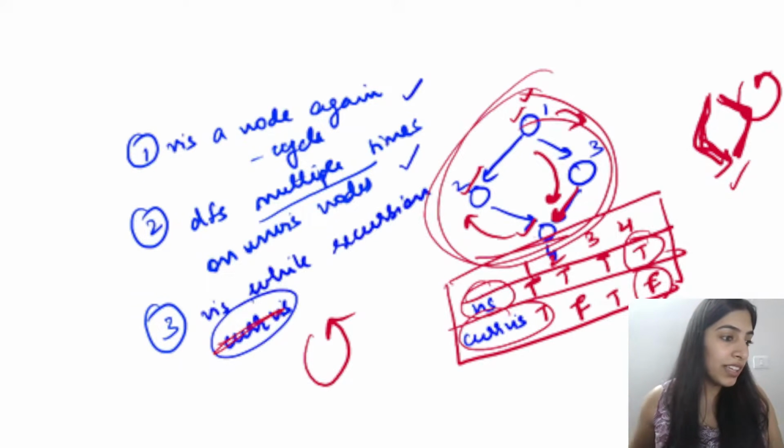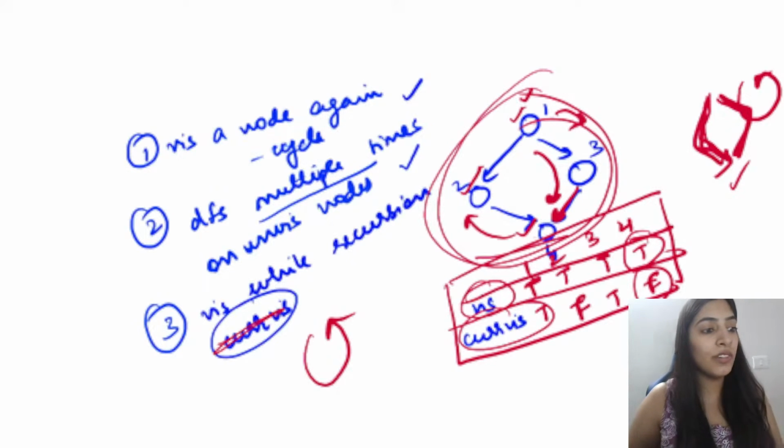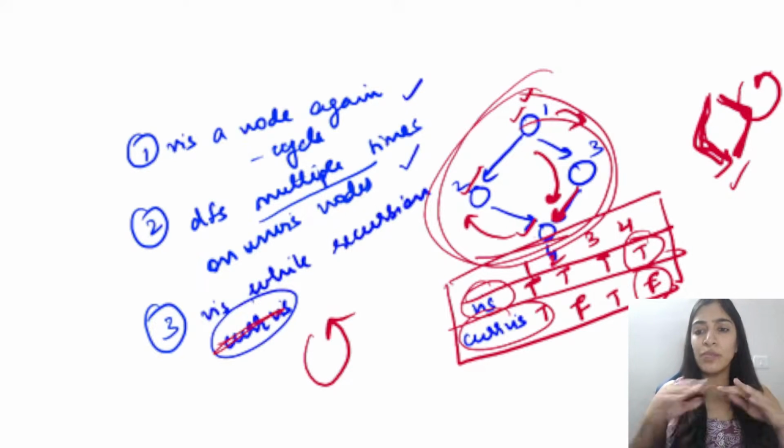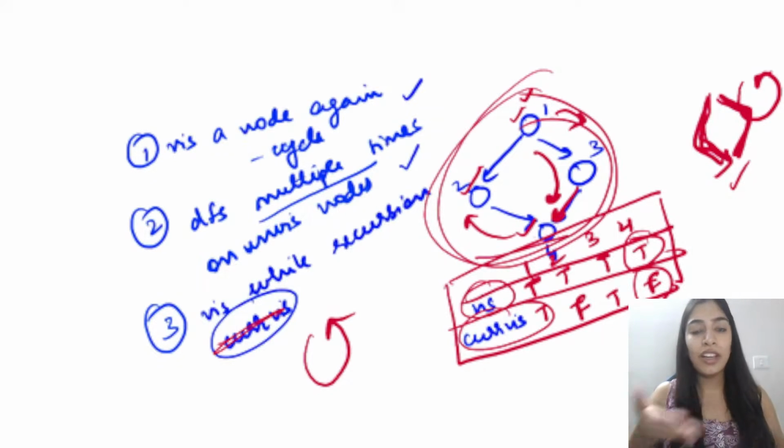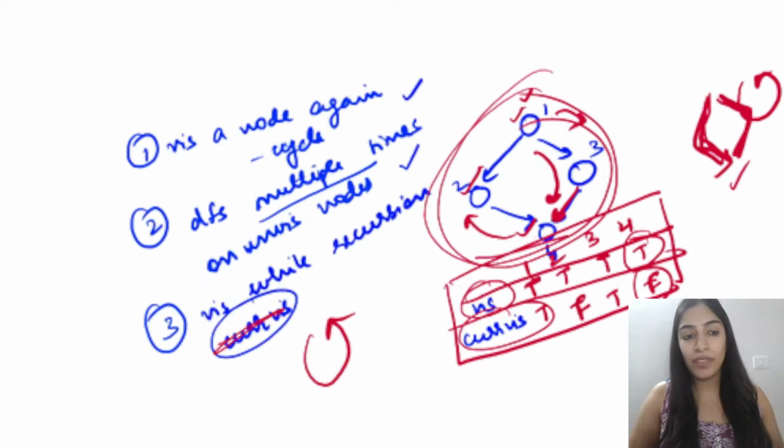Shivai is saying that in one single visited array, we can also take 0 for unvisited, 1 for currently visited, 2 for already visited. That is also one way to go about it. But here, I'm going to keep it very simple and have two Boolean structures, visited and currently visited. So it is going to become more clear. Understood, guys? Yeah.